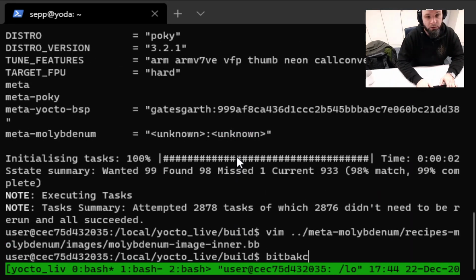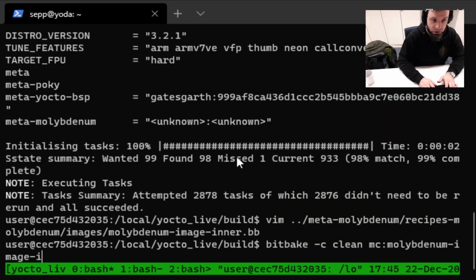Bake, clean, no, C clean, MC, molybdenum image inner. Oh no, molybdenum inner. inner molybdenum image inner.